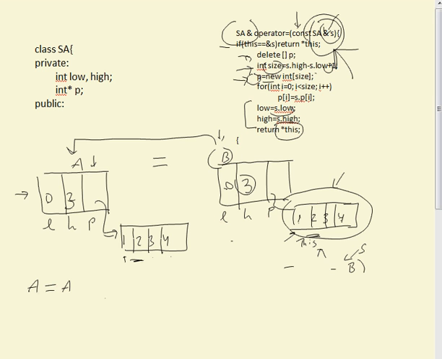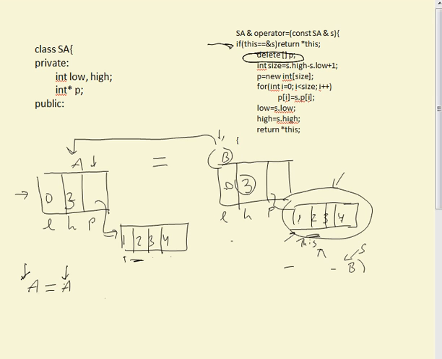The first thing that happens is that I say delete P. So it's going to go to the left-hand side, which is A, and it's going to delete the P of A. But then it's going to try to copy the P of the right-hand side, but that's the same A, so it's going to try to copy deleted memory, and that's disastrous. It can't do that. So if the left-hand side is equal to the right-hand side, this whole thing is going to be one big mess up. So we have to make sure that we take care of this case so we don't mess things up.